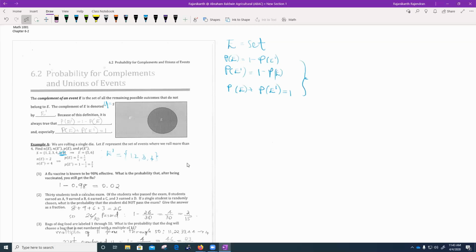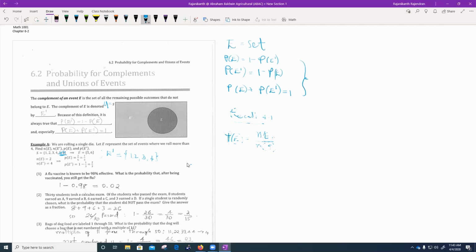Recall the basic formula we had in 6.1: the probability of any event E is given by little n(E) over little n(S), right? If you use this formula, the probability of event E is n(E) over n(S). My n(E) is 2.